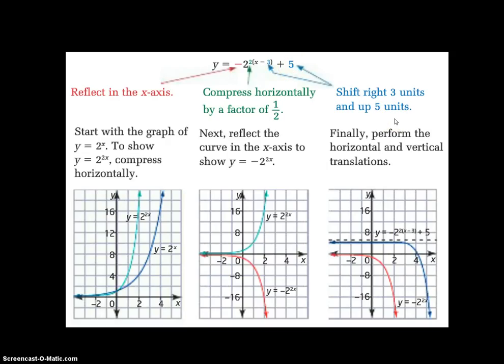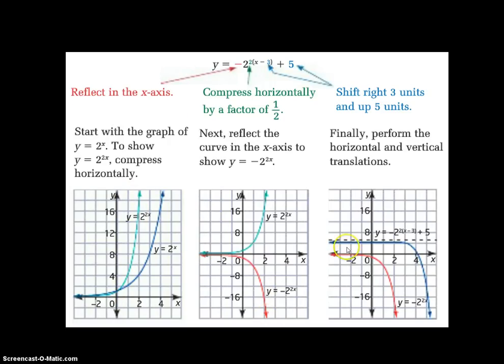Okay, so whether you do reflections or stretches and compressions first, it doesn't matter. So why don't we do the original graph, y equals 2 to the power of x, then the stretch or compression, and the reflection.